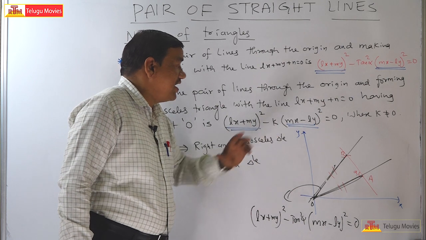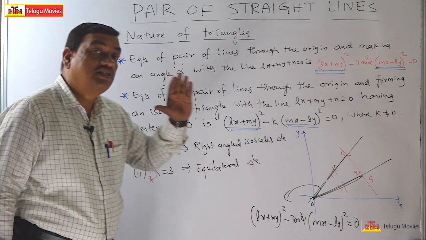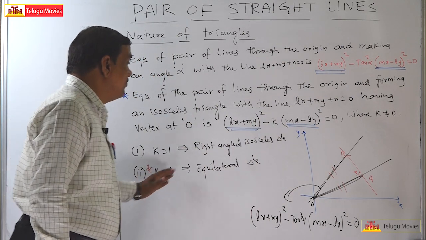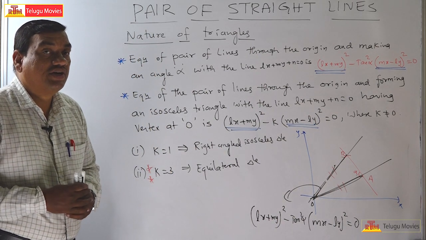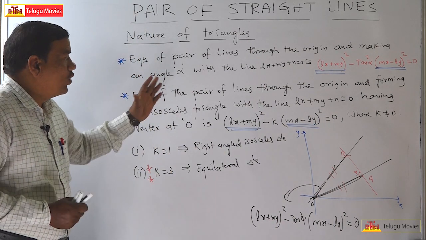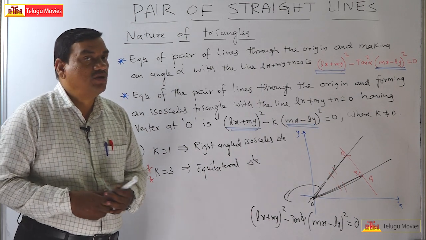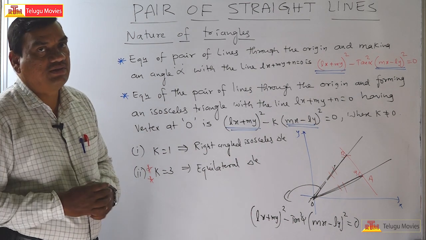If this k value is 1, then it is a right angle isosceles triangle. If k is equal to 3, then it is an equilateral triangle. I hope you understand this concept. Let us go to some more concepts.